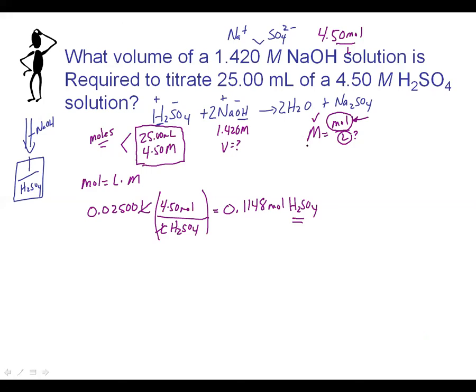That is close to what we need, but we're still at H2SO4. Remember that we're looking for sodium hydroxide. So we do need to do some stoichiometry, and this is why it's important to have the balanced equation. We see that for every 1 mole of H2SO4, we get 2 moles of sodium hydroxide.